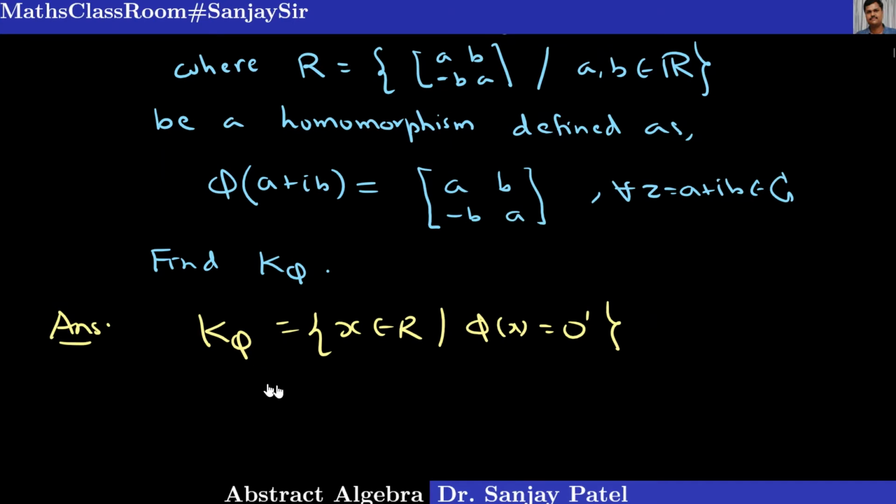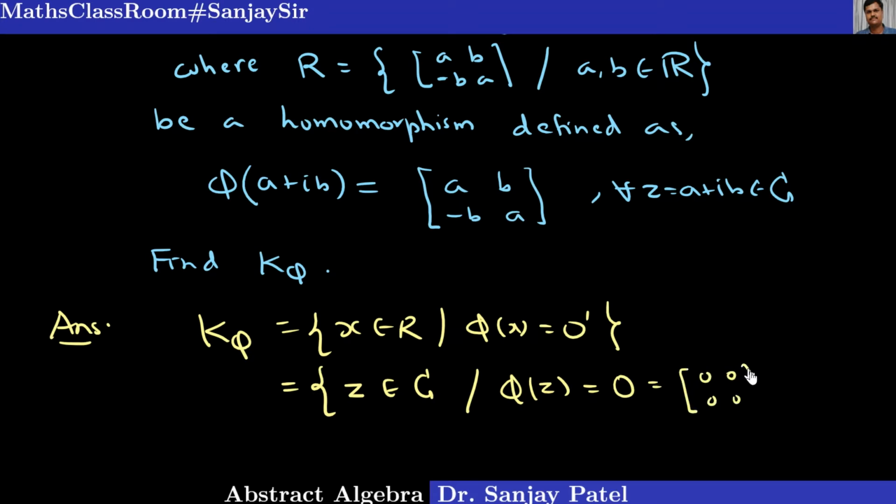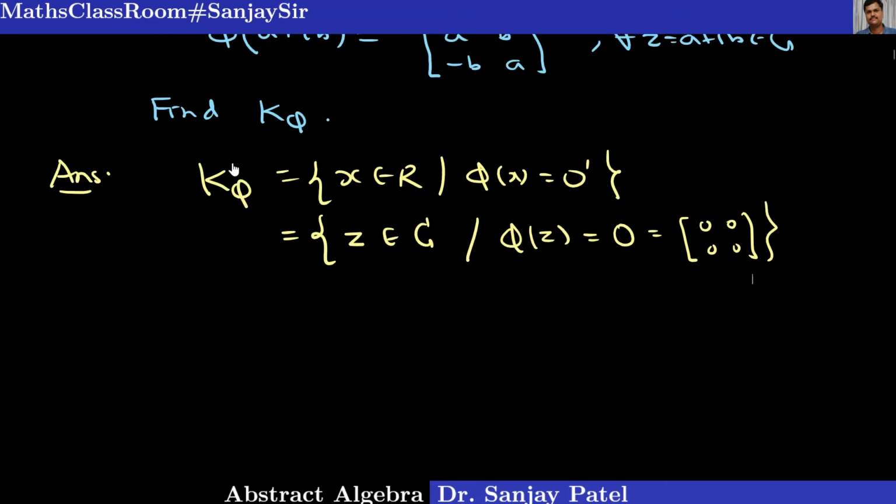So this is the set of all those complex numbers z belonging to C such that phi of z is equal to 0 dash. So 0 dash means the 0 of the ring of this type of matrices. And we know that 0 in this ring is the 0 matrix, which is given by (0 0; 0 0). Okay, so this is our K phi.